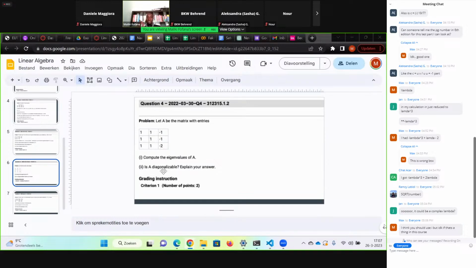I will give you a hint: if we have three independent eigenvalues in this case, can we say that it's diagonalizable? It's a yes or no, and then say why. I have already given the hint, that the three of them are independent.